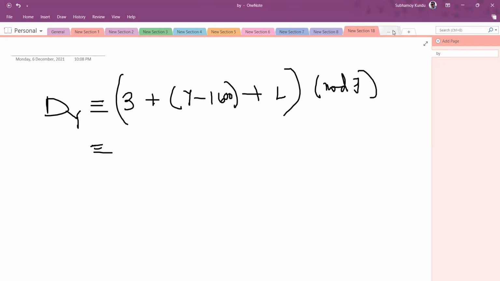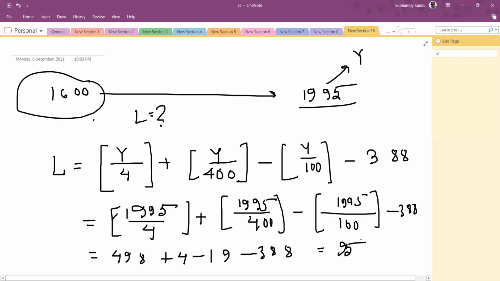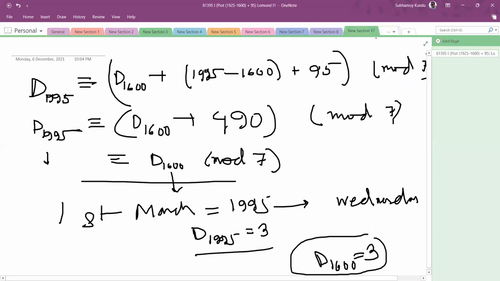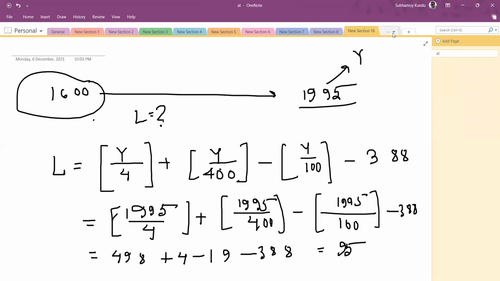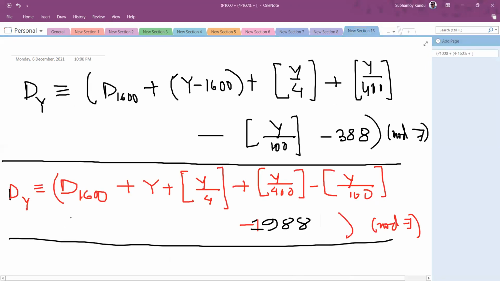We have calculated before, here we have calculated. Let me show. So here we have calculated dy is nothing. Here we just have to put in the value 3. The y plus y by 4, y by 400, by 1988.